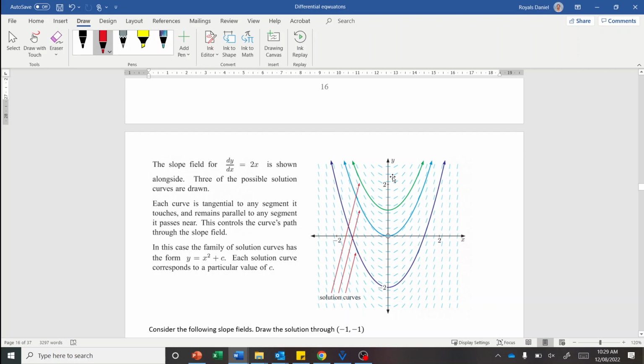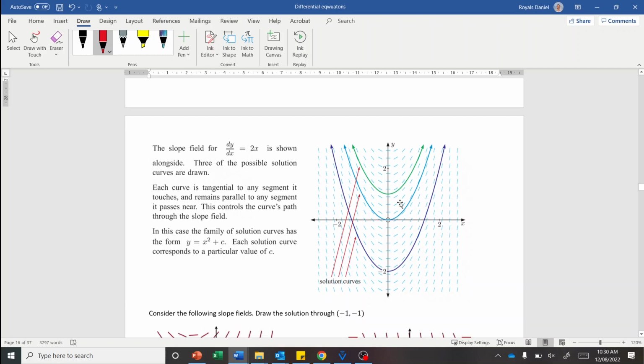All of those are specific solutions because they're an individual case. That's because this differential equation has the solution x squared plus c, where c is the vertical translation. And so we don't know where the function exists along the y-axis. We don't know its vertical translation, but this slope field allows for all possible solutions.